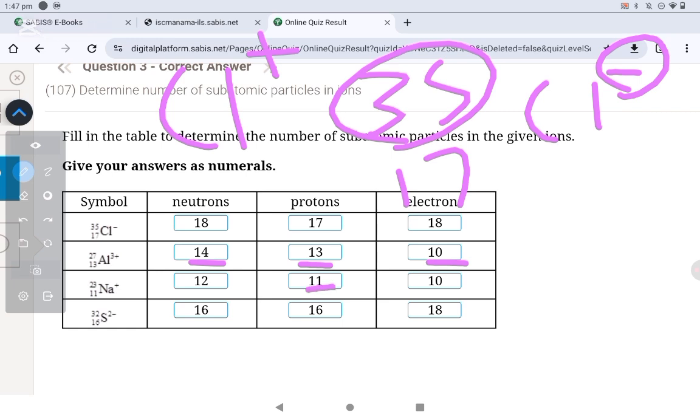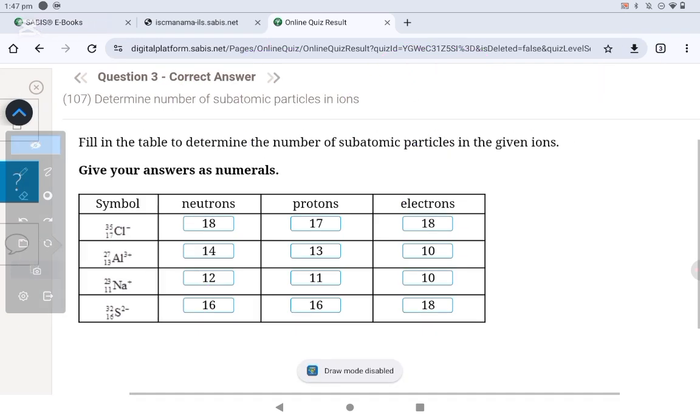We have 11 protons, which stays constant. Neutrons 12, 23 minus 11. And electrons 10 because we are losing an electron. And here 16 protons, 32 minus 16 neutrons. And electrons, we're gaining 2 electrons, so that's 18. Okay, that's it for this one.